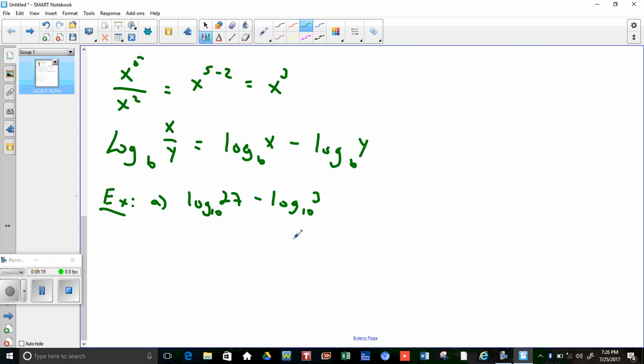We want to write that as one single log. They are being subtracted, so we'll make it a division. This one is being subtracted, so it will go to the bottom. The bases are the same. We'll have a log base 10 of 27 divided by 3. And in this case, we can actually do 27 divided by 3, so we'll simplify that to the log of 9 with a base of 10.